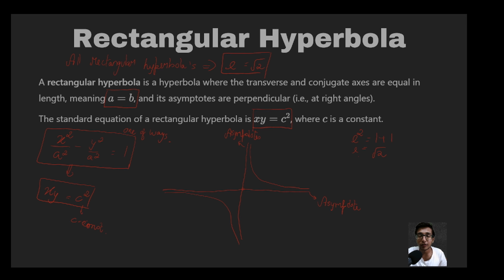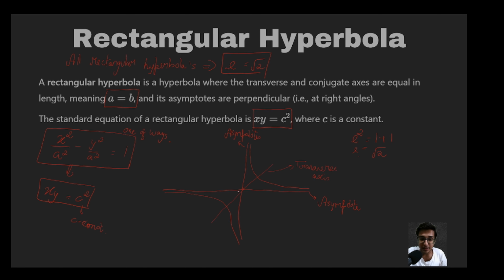Now how would we draw our axes here? Our axes would become somewhat like this. This becomes our transverse axis. And this becomes our conjugate axis. I hope you all have understood that this point is one of the vertices and this point is the other vertex.